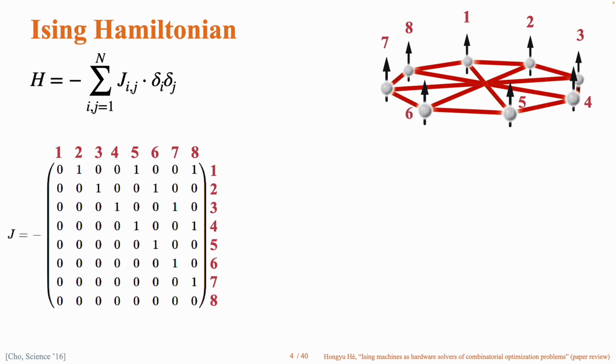What we are varying is the J matrix, the connectivity, and the external energy we apply to it. The whole Ising Hamiltonian represents the total energy of the system, H. And we'll be looking at how we map this onto a real-world problem.